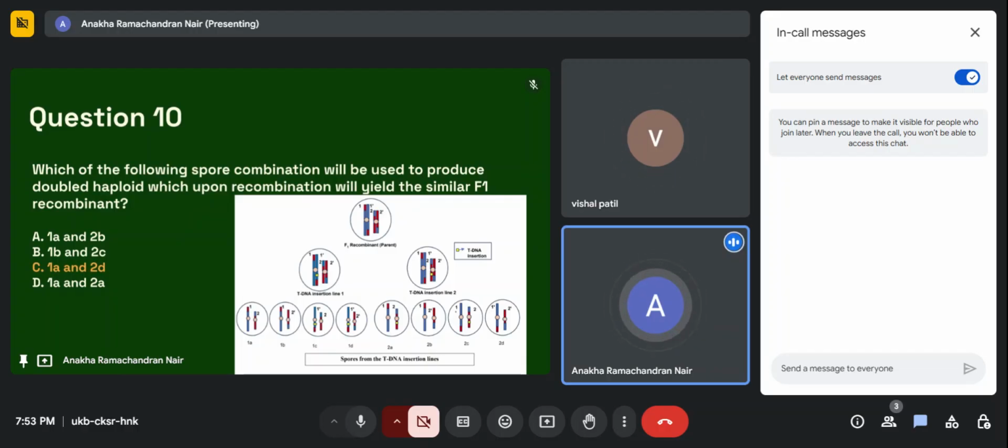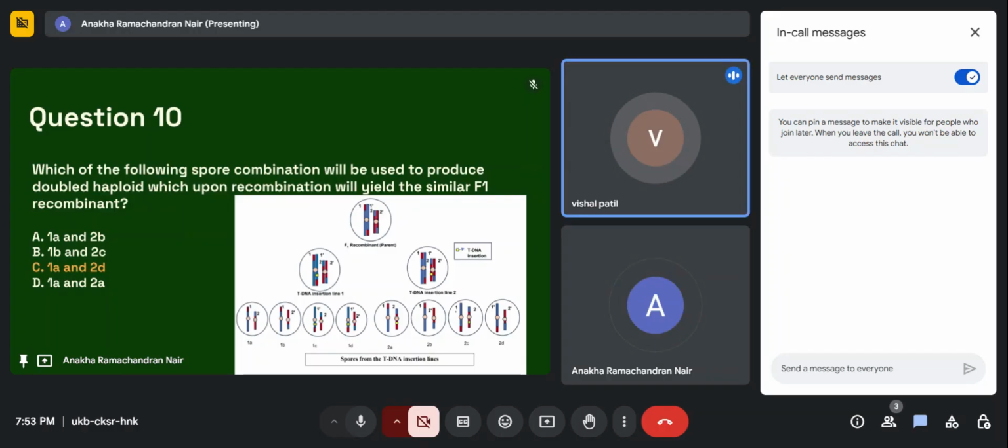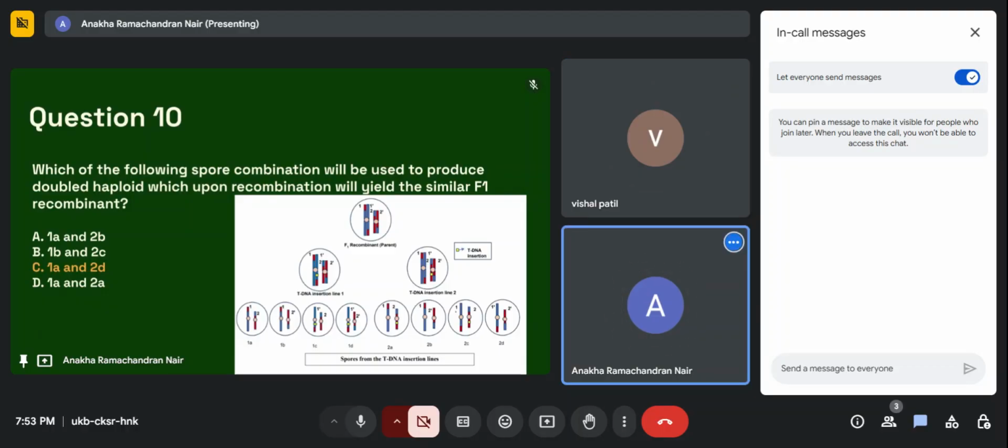But madam, soybean is also a self-pollinated crop, isn't it? I think two self-pollinated crops are given here. Let me just check. Soybean. I am not sure either.